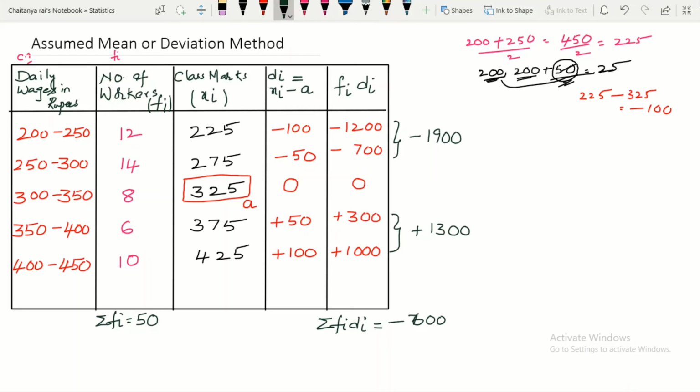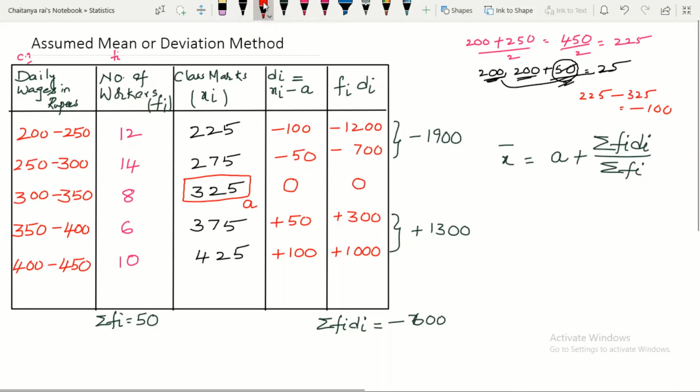Now I think we have sufficient values, and it is time to substitute in the formula: x bar is equal to a plus sigma fi di by sigma fi.